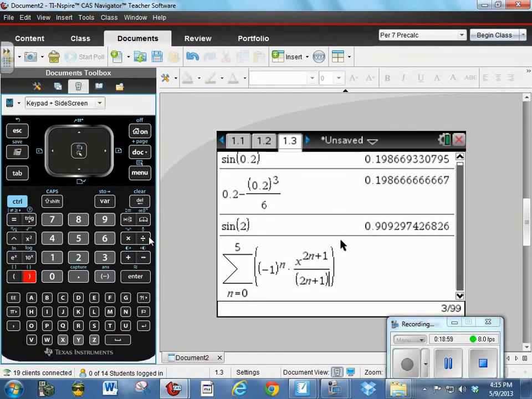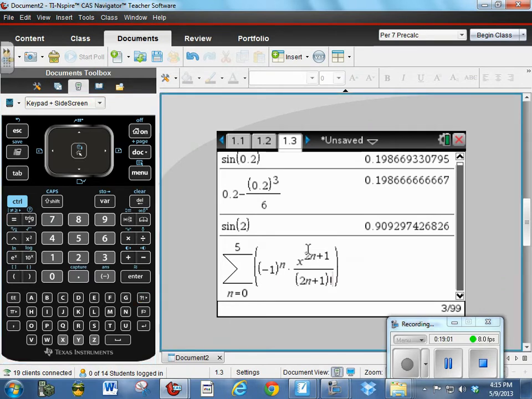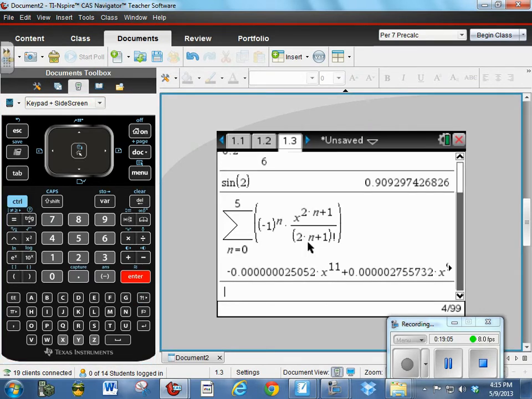My factorial symbol. Okay. Now, if I expand with control enter, it's giving me all the different terms for n equals 0 through 5.